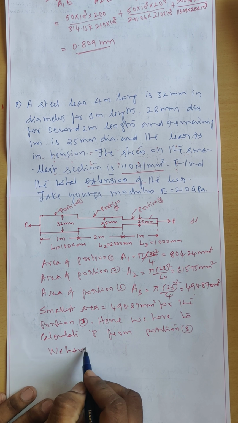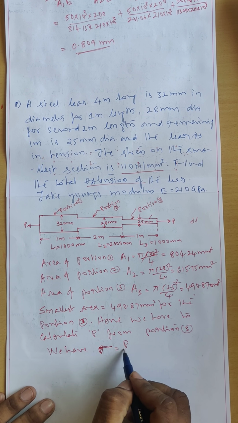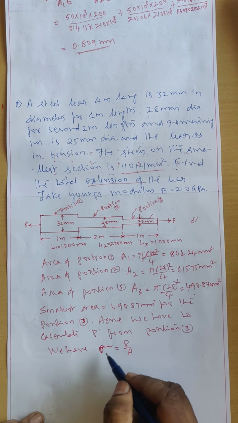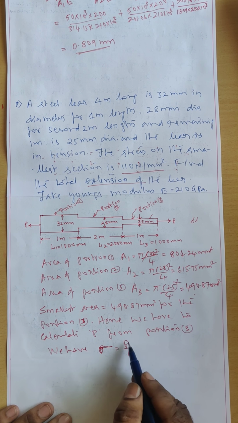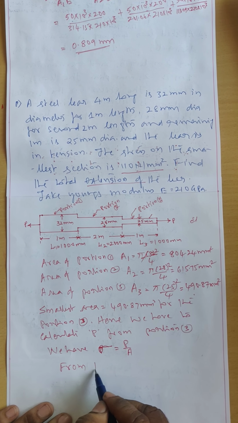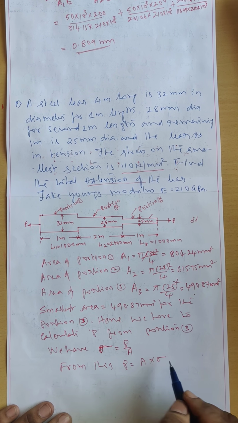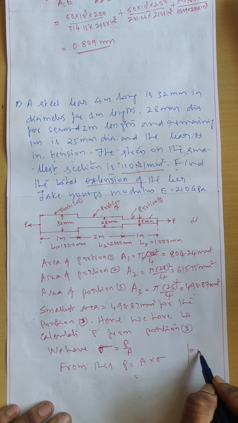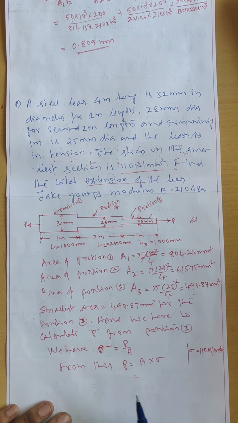Here we have one equation for stress. Sigma equals stress equals P by A. It is a general equation. The stress is given, the cross sectional area we know, so it is possible to calculate load P. From this, P equals A into sigma. Sigma is given in the problem, 110 Newton per millimeter square.